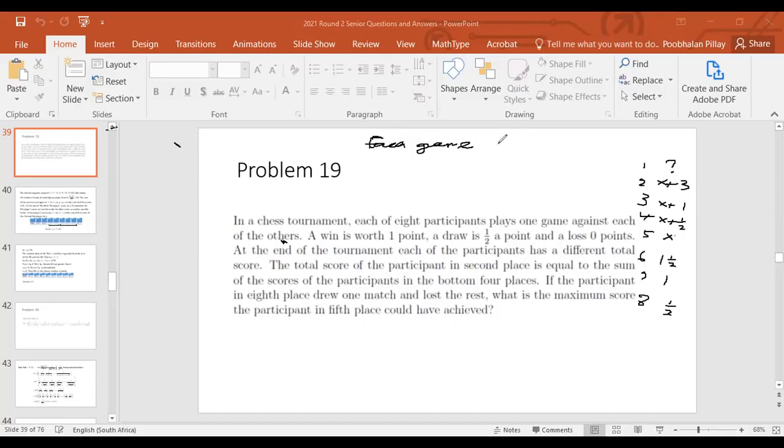Each game, we'll say, equals 1. Now, how many games are there? The number of games will be the total score, because each game has got 1.